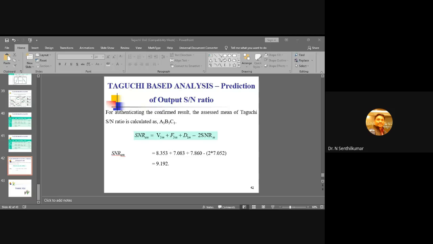Hello. Yes, sir. Sir, can I have a question? Definitely. Actually, for the same parameter and level combinations, Taguchi will give you L9 as well as L18, and sometimes it will give you L27 also. Out of these three combinations, which do we have to opt for? Sometimes this question is asked when we do practical examinations.